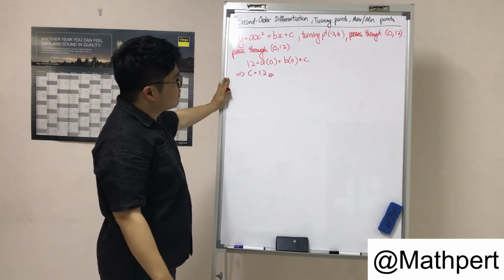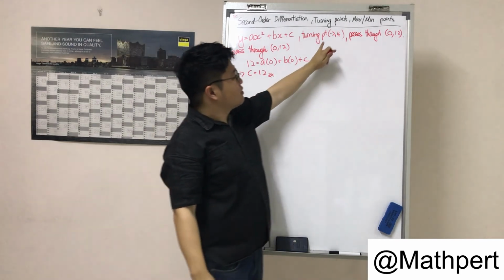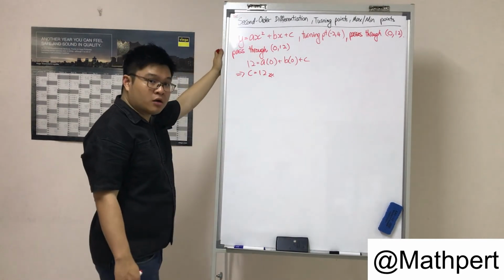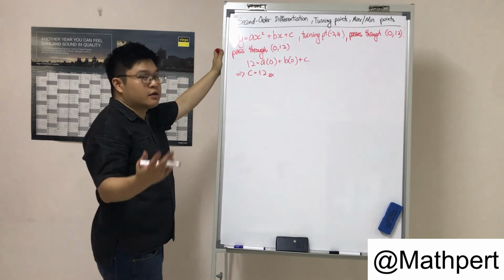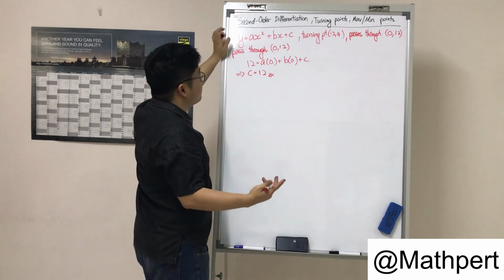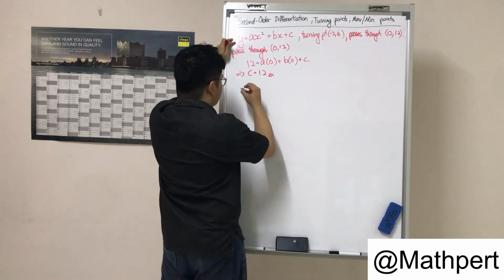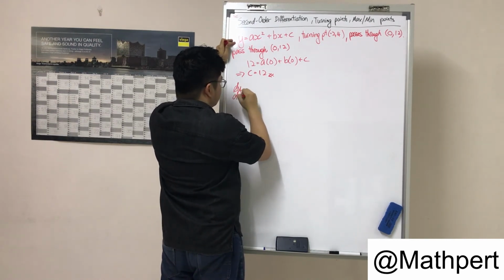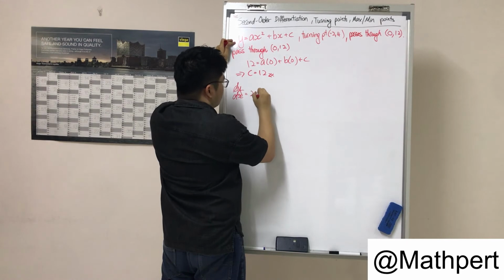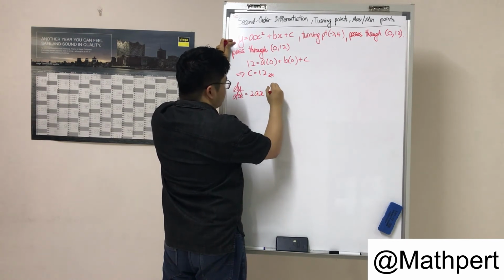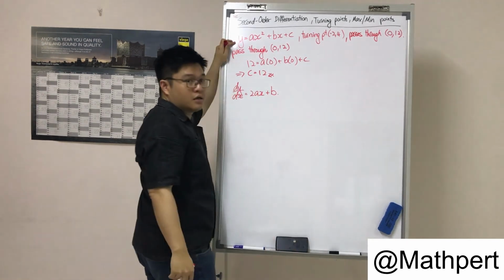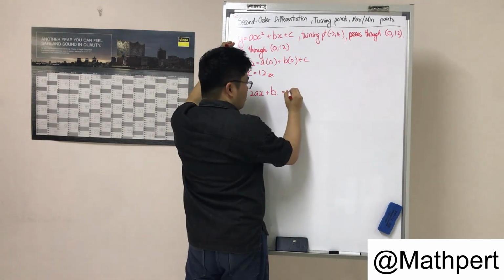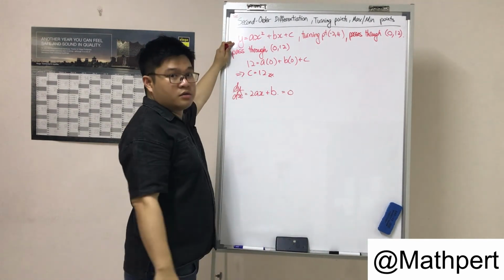Okay? Then turning point at minus 2, 4. So how do we get the turning point? Using dy/dx. Okay? Differentiate this y. dy/dx equals 2ax plus b equals 0.